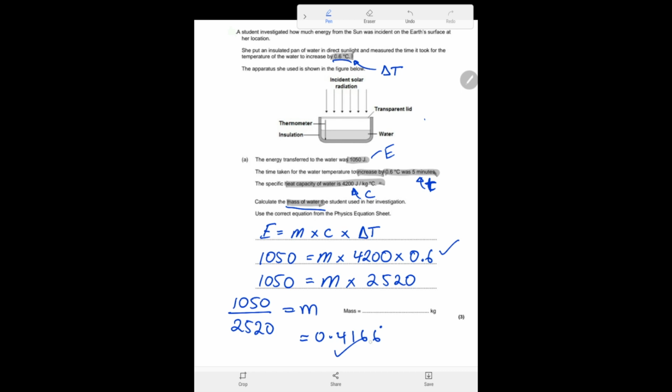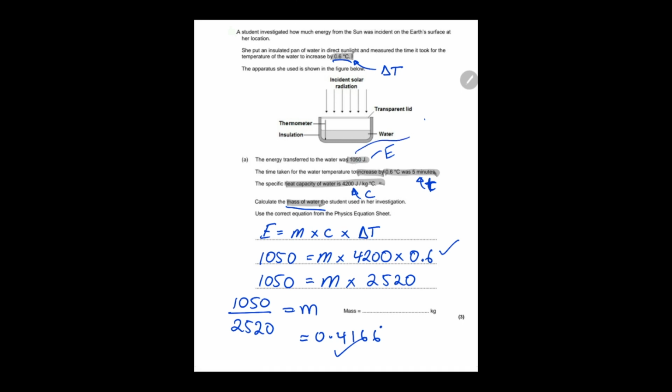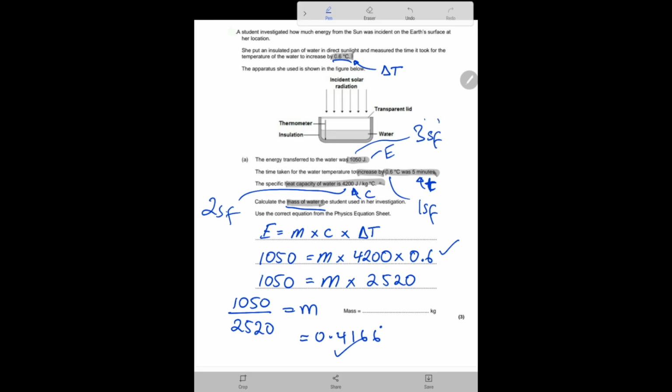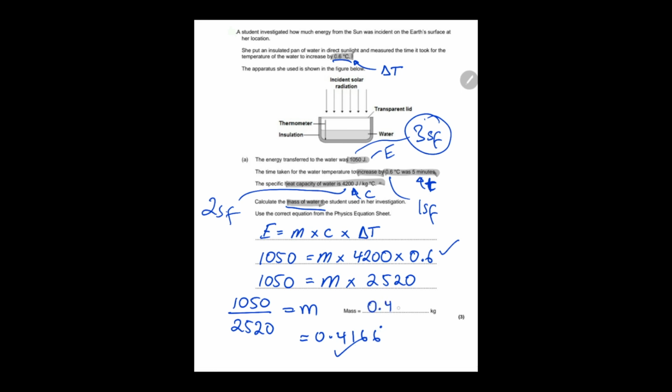In this case, because I've got the highest value, which is three significant figures over here, and this here was one significant figure, and the 4200 was two significant figures, I'm going to go with the highest accuracy in the question, which was three significant figures. So in this case, this 6 is an extra. So I round this and I obtain 0.417 kilograms. And that is my third mark.